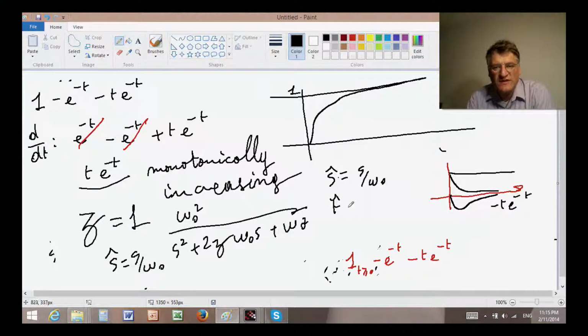And I claim that t hat is equal to t times omega 0.